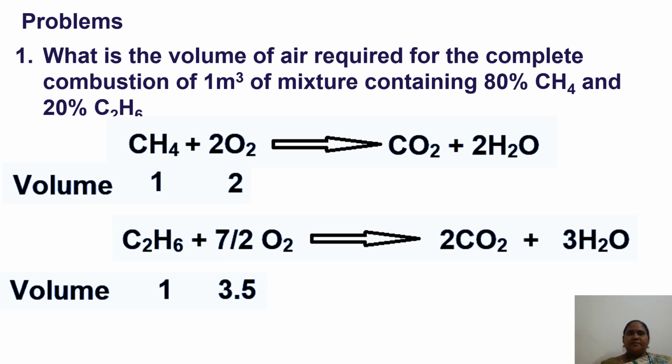Balance the equation so that we can arrive that 1 volume of methane requires 2 volumes of oxygen. Similarly, ethane with oxygen forms carbon dioxide and water. Balance the equation and we can arrive that 1 volume of ethane requires 3.5 volumes of oxygen.